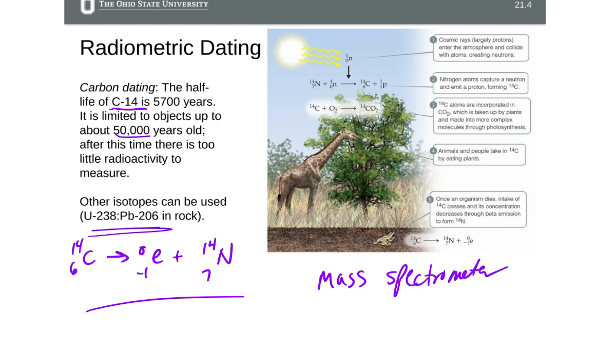Mass spectrometers are able to precisely detect masses of various elements, isotopes, things like that. And so we'll make calibration curves, you've probably done that, and determine a concentration.